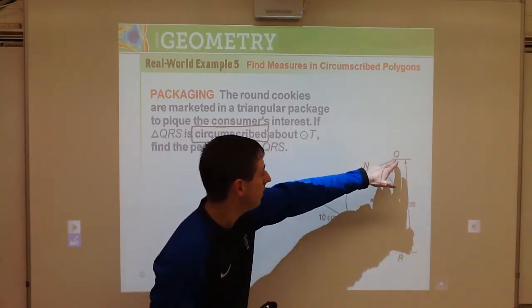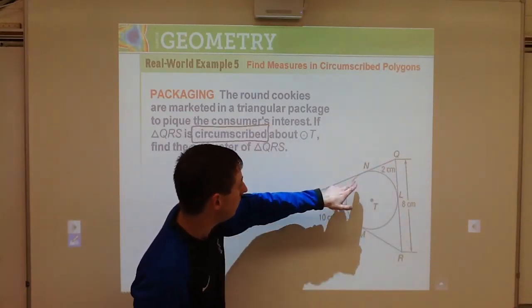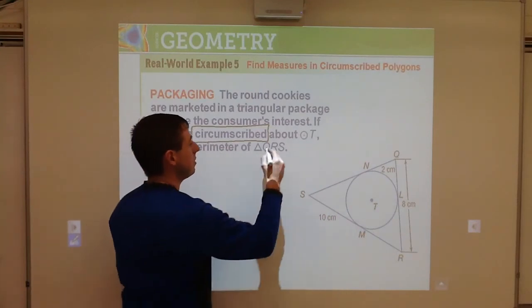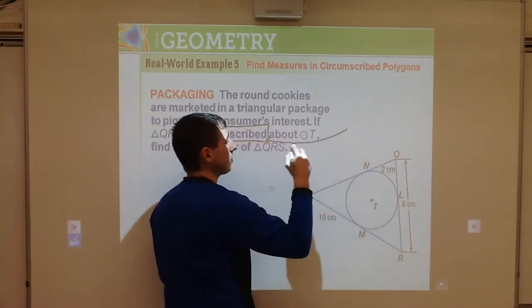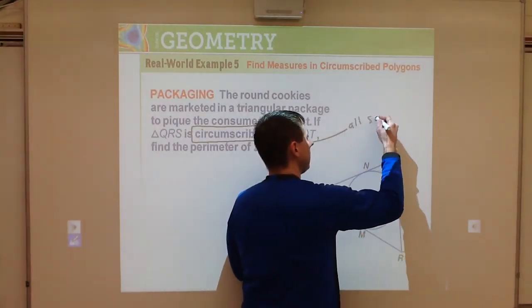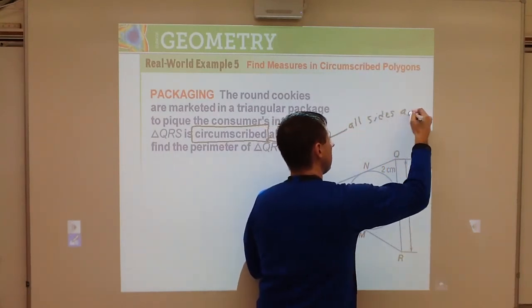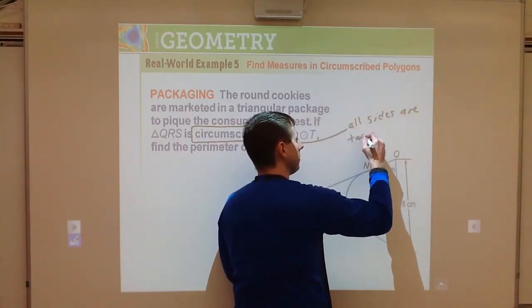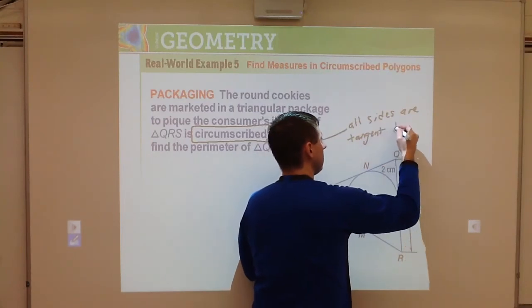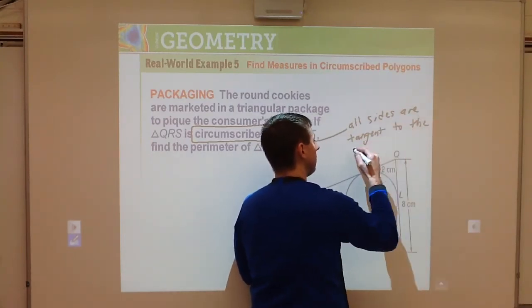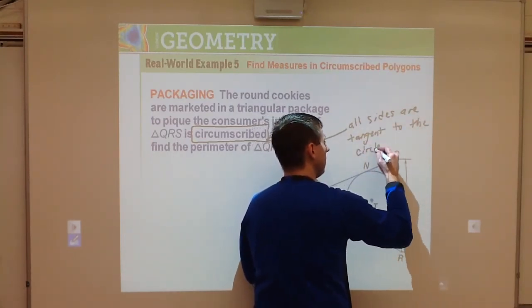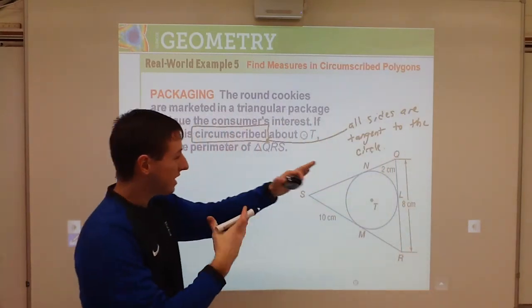Which means all 3 sides of this triangle are tangent to the circle. So that's why it's in this lesson. All the sides are tangent.